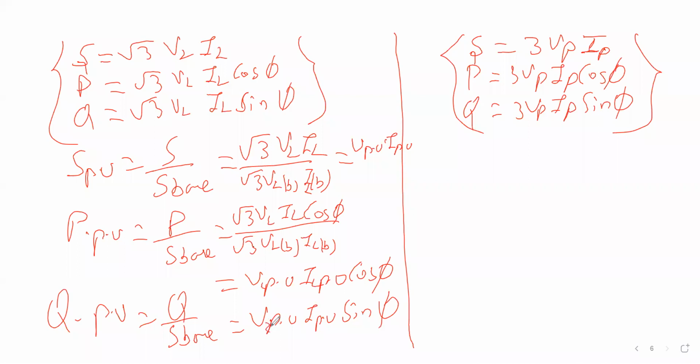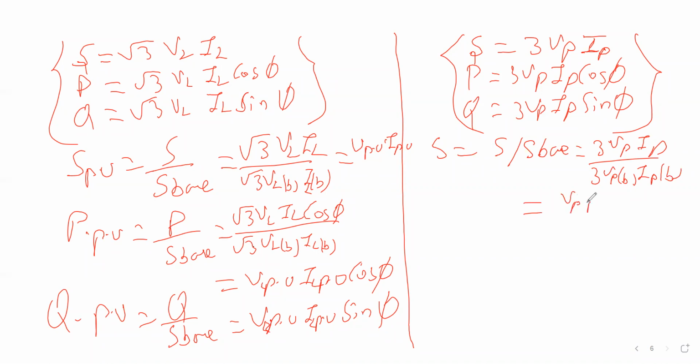Okay, it is for the line parameters. Similarly, for phase parameters, your S would be your S by S base. That could be written as your 3 VP IP by 3 VP base IP base. Finally, we'll get V per unit IP per unit.